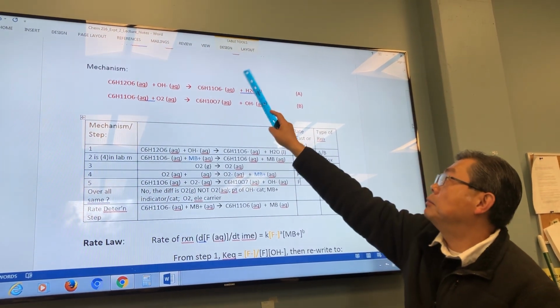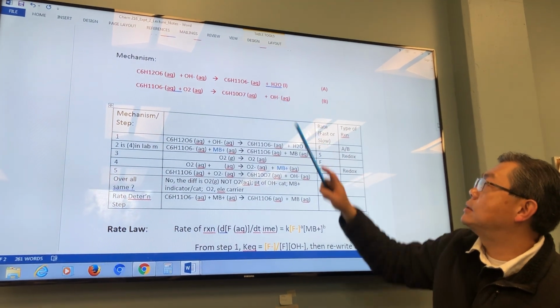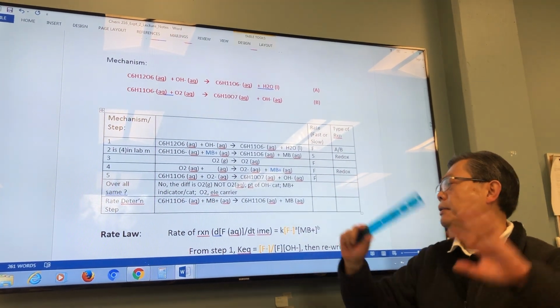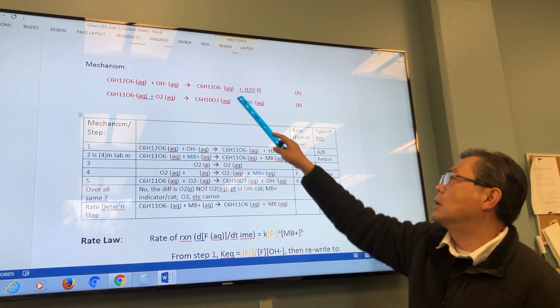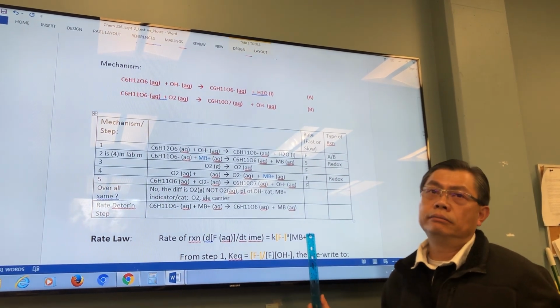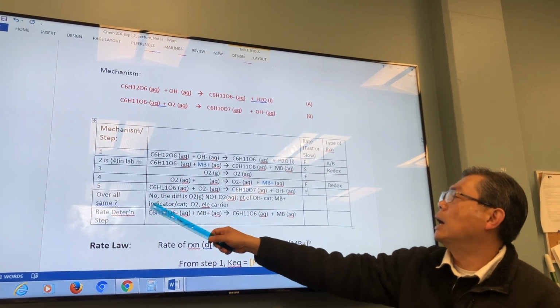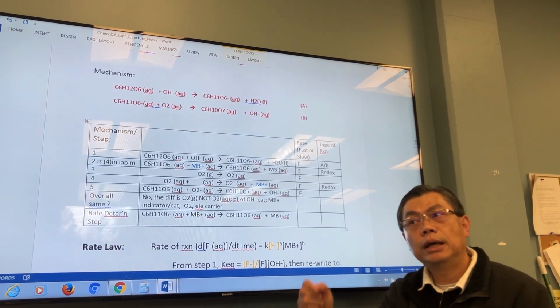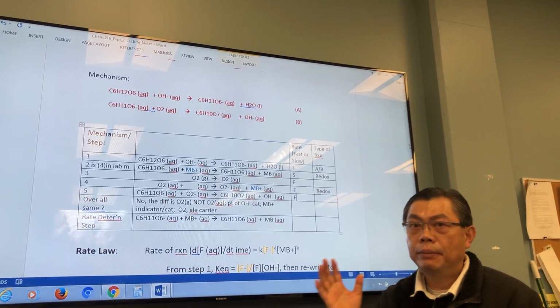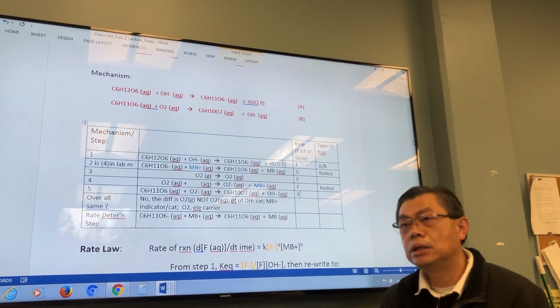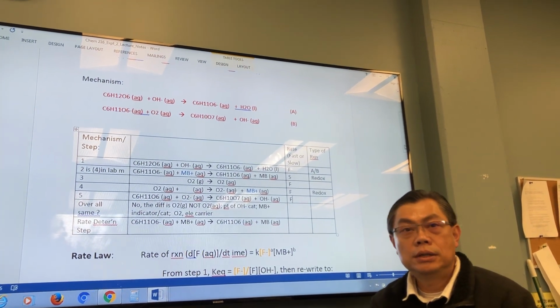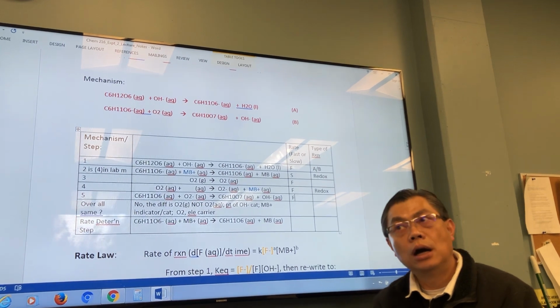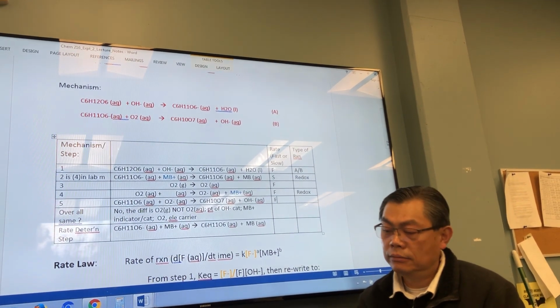Indicator. Remember, if we talk about this 2-step, everything is clear, everything is colorless, no color. How are we going to study it? So we need to put in an indicator to help us, right? Just like the police officer hiding on the highway.